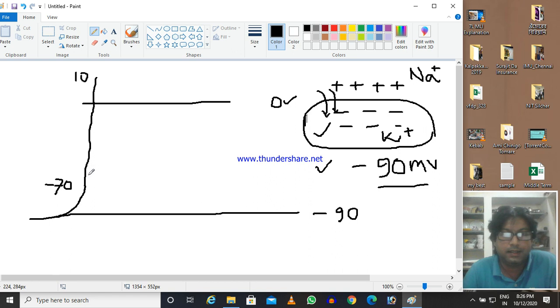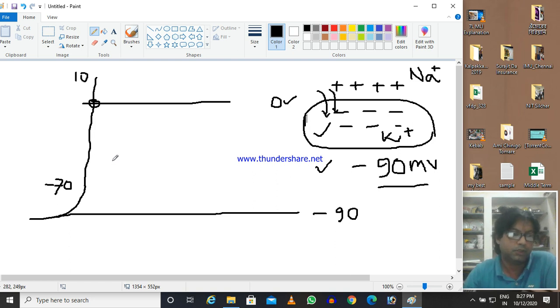Then the sodium ions start to enter inside rapidly, so the membrane potential, the cell negativity, decreases rapidly, and at a point the cell becomes neutralized, and further it goes up to 10 millivolt. So this entire process is called depolarization of the cardiac myocytes, the myocardial cell.